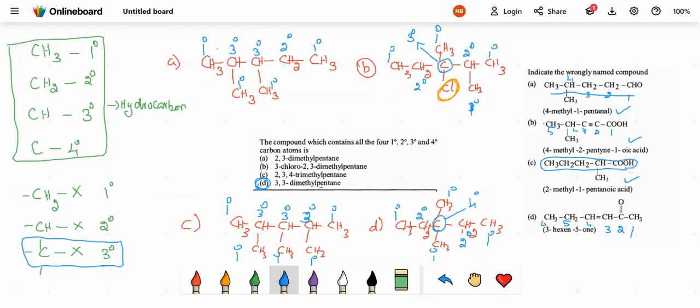Wait a moment. I have to write this in a proper way. Here, this will be 1, 2, 3. Yeah, 3 hexene and 2 one. This is not 5 one, 2 one. So the answer should be this one.